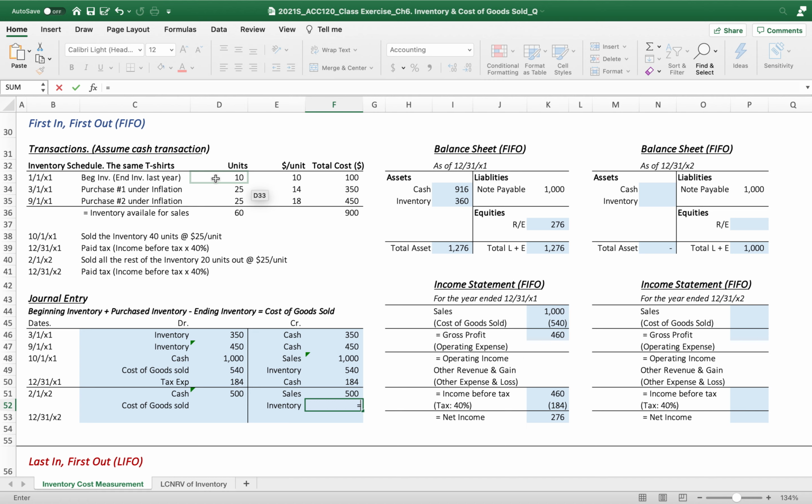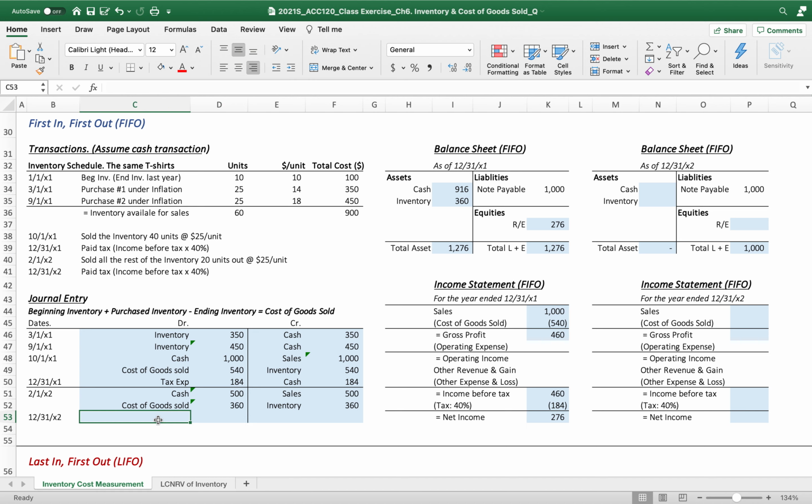So we sold this 10 inventory, 25 inventory, and 5 inventory out of the last purchase. So the remaining is the inventory from the last purchase, right? So we calculate 20 times $18. So 360, which is the ending inventory of the last year. So cost of goods sold is the same.